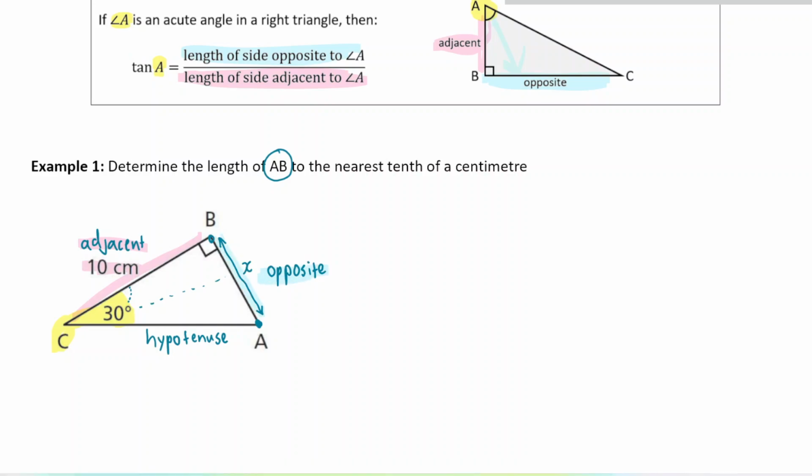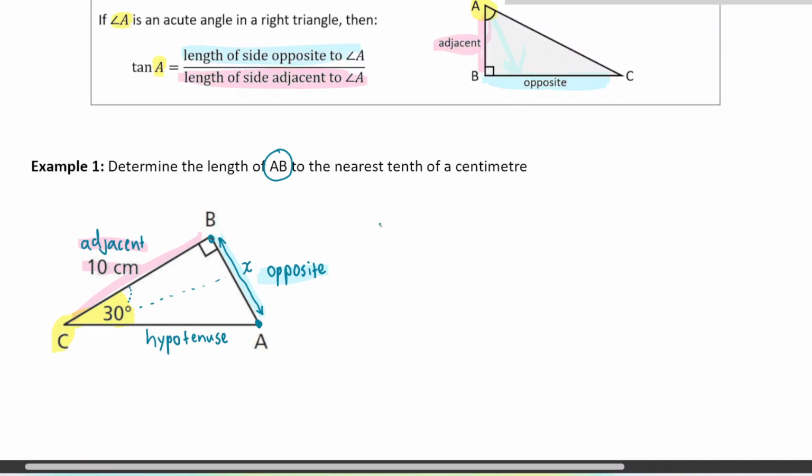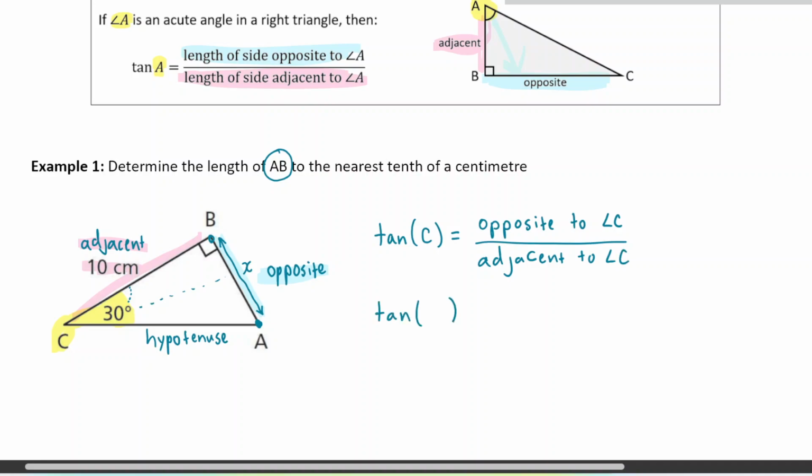Okay, so let's write down our tangent ratio. So the tangent of angle C is the opposite side divided by the adjacent. So for us, where C is, we're going to actually put the measure of the angle. So we're going to put 30 degrees.